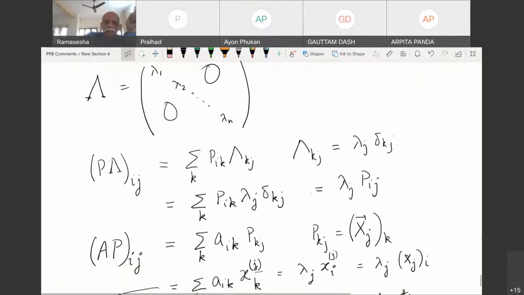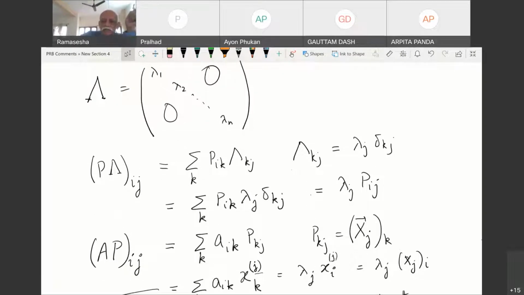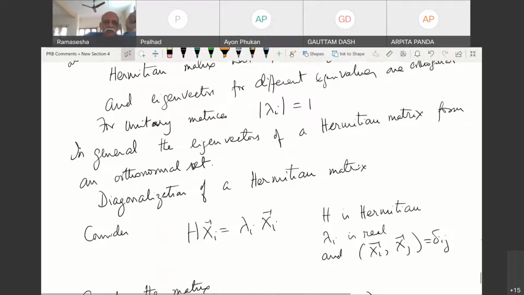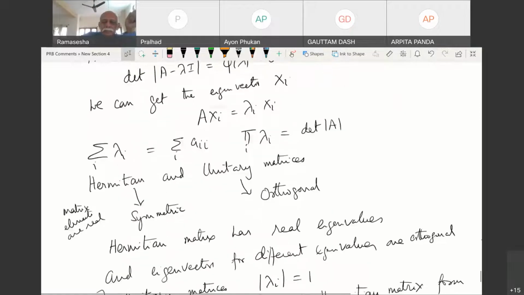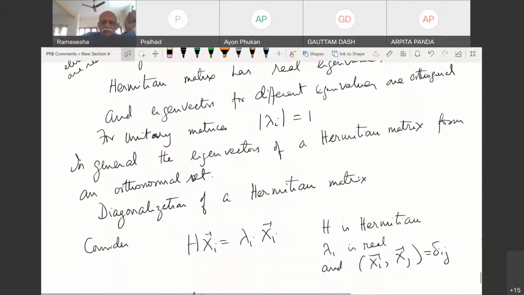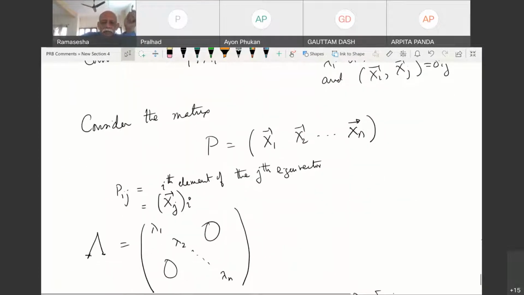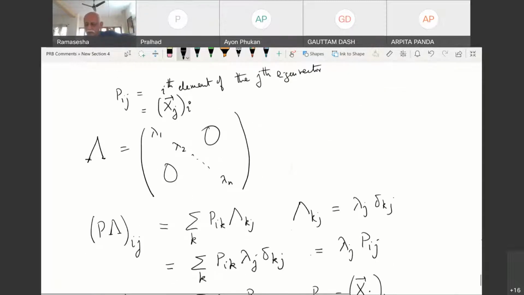So I had the vector P, and I had shown somewhere the definition of P. Okay, so you see here, Pij is equal to xgi, right? So that's what I had used.